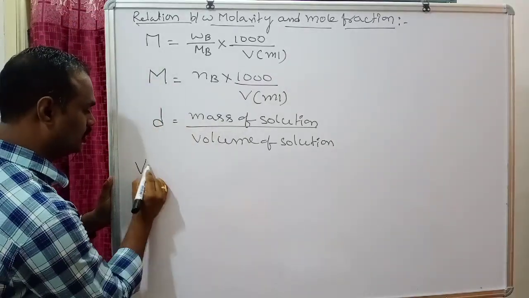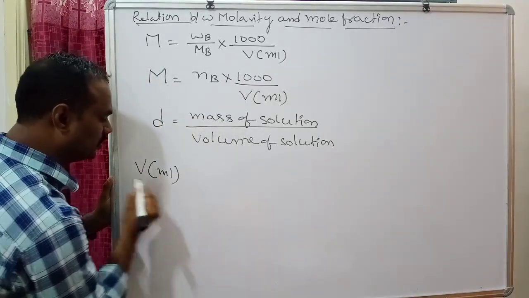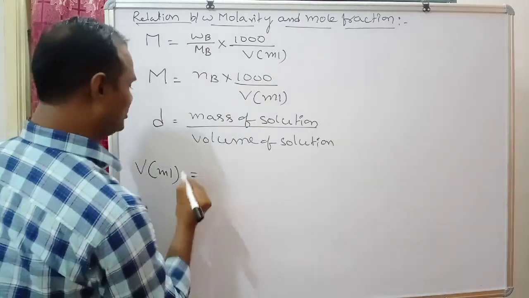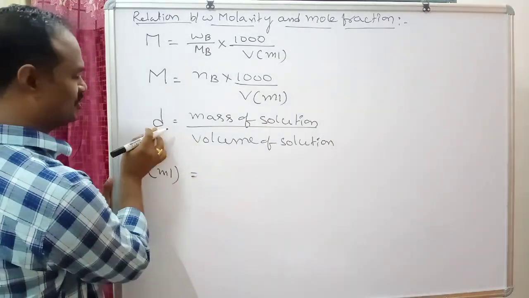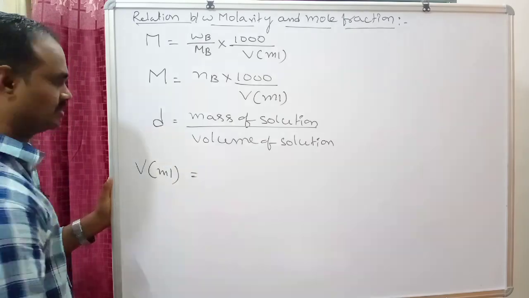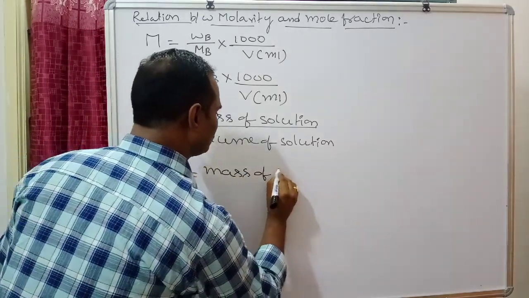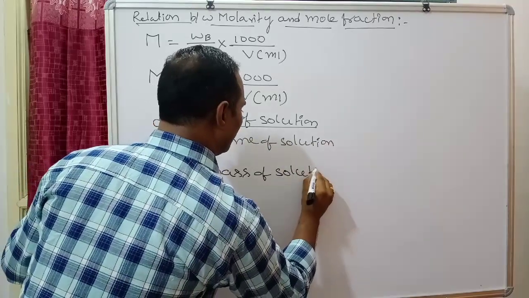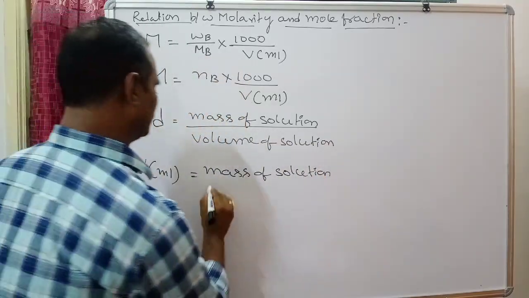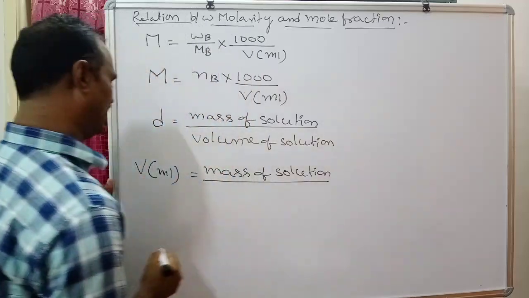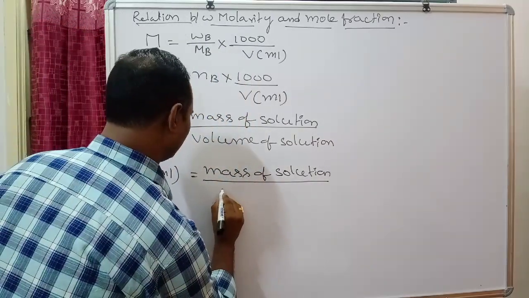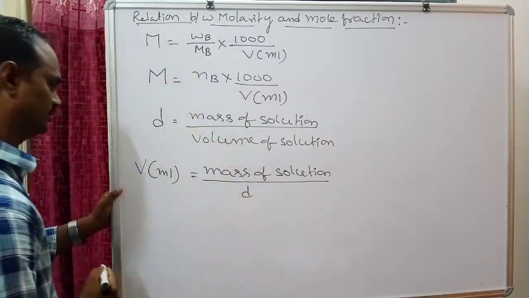So from this, volume of solution V mL is equal to, just exchange both density and volume of solution, then what we are getting? Mass of solution by density of solution.